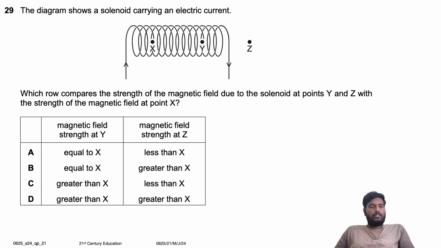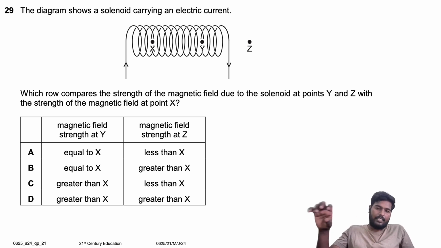The diagram shows a solenoid carrying an electric current. Which row compares the strength of the magnetic field due to the solenoid at points Y and Z with the strength of the magnetic field at point X? Okay, so this is like the same question we have seen earlier. X and Y are inside the solenoid, so they will have dense lines passing through, so they will have the same magnetic field.